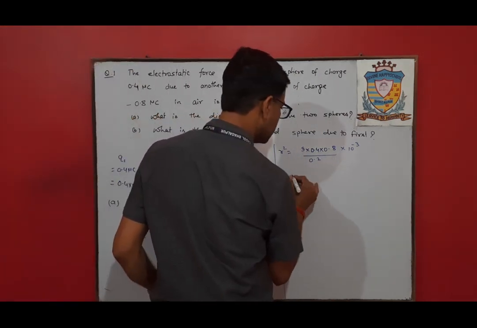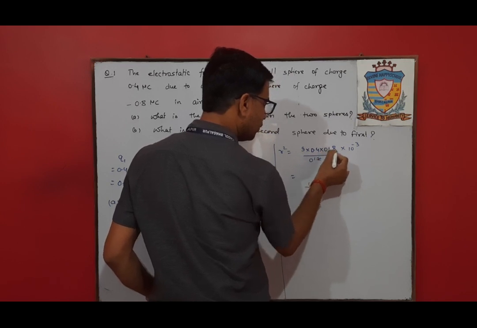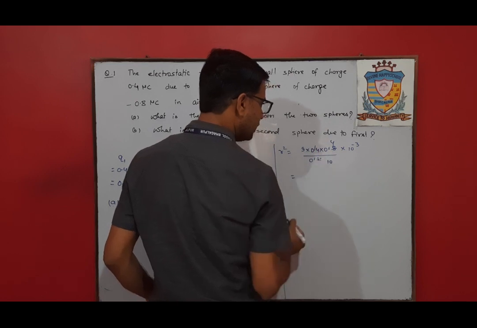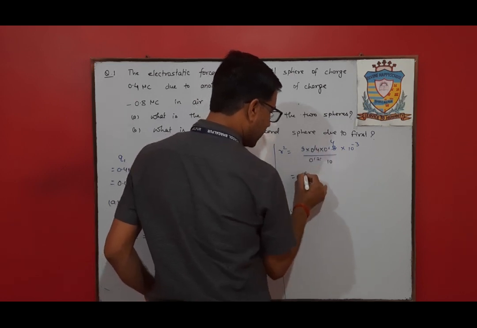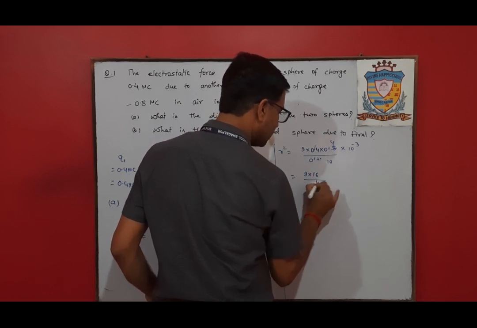Here you can see this will be cancelled out. 2 fours are 8, and shift it over here. In the upper part we have 9 into 16 and here it is 10 to the power 4.